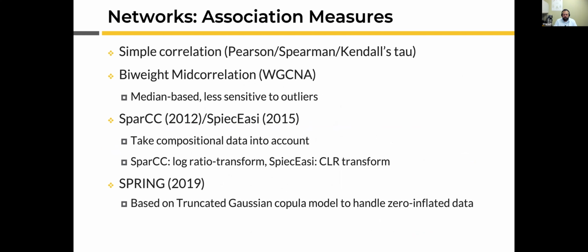For each of the variables, you calculate a pairwise correlation score, and you'll typically have some cutoff for correlation and/or significance.